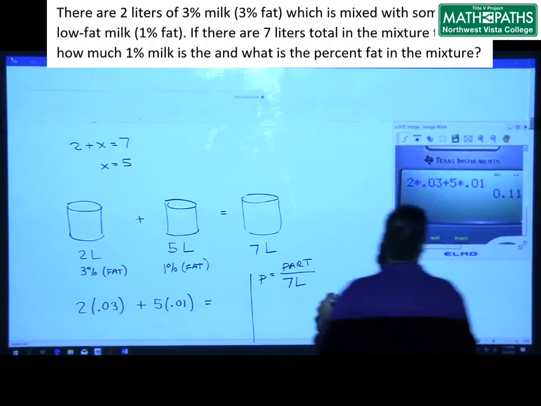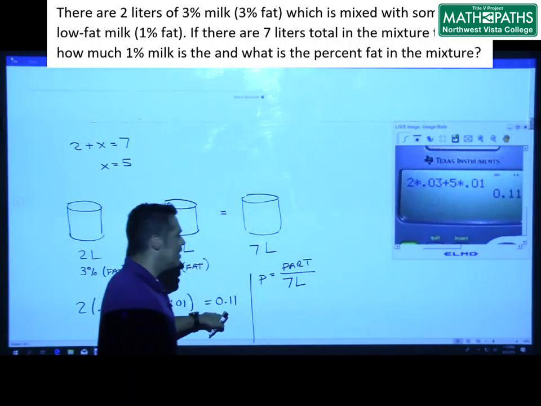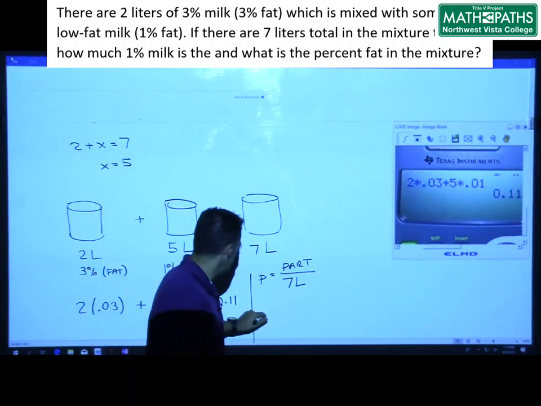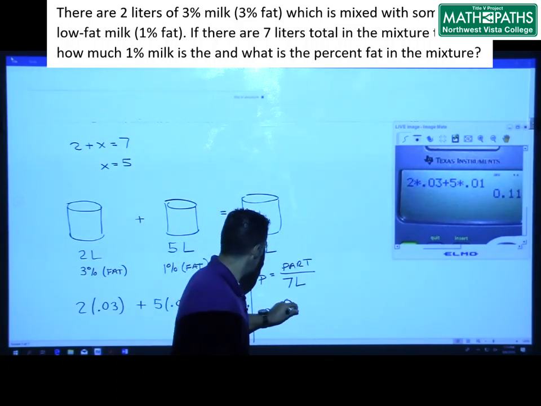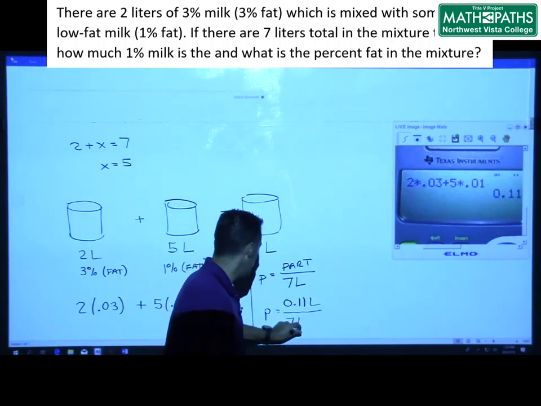So at the end of this, we get 0.11 liters of fat. So our final result here is 0.11 liters of fat divided by the whole, which was 7 liters.